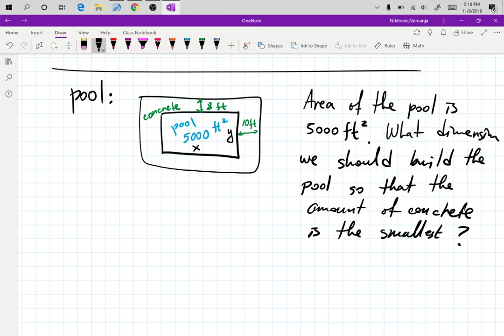So we're looking for X and a Y so that we use the smallest amount of concrete possible.